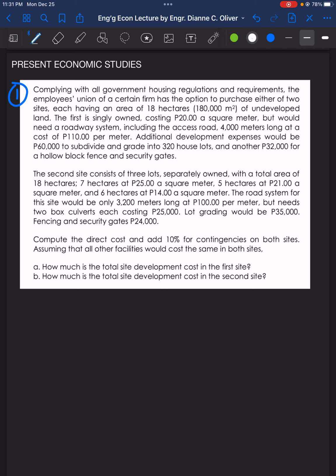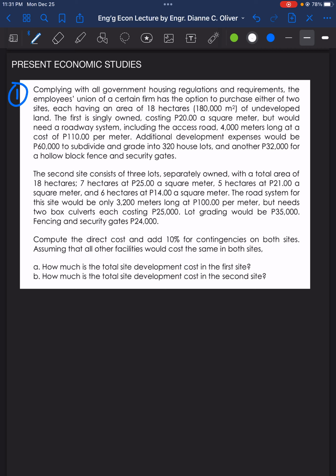The first is singly owned, costing 20 pesos a square meter, but would need a roadway system, including the access road 4,000 meters long at a cost of 110 pesos per meter. Additional development expenses would be 60,000 pesos to subdivide and grade into 320 house lots, and another 32,000 pesos for a hollow block fence and security gates.